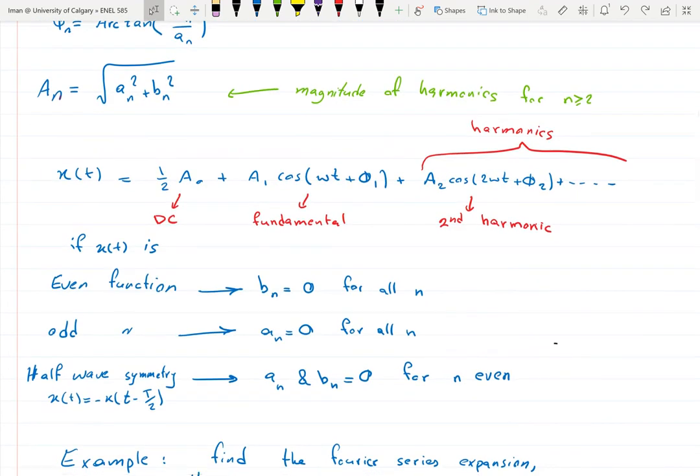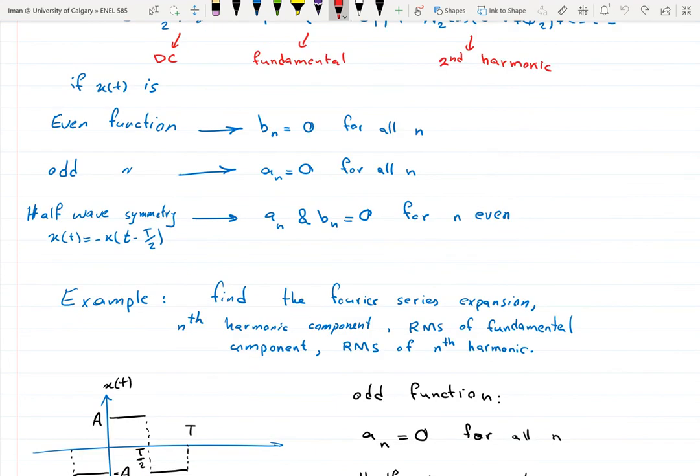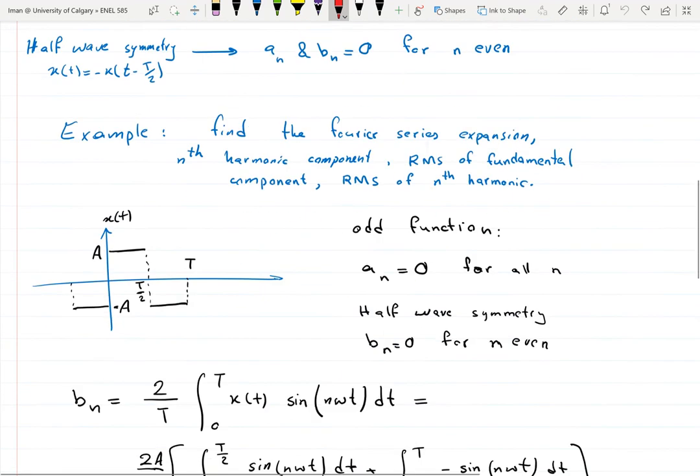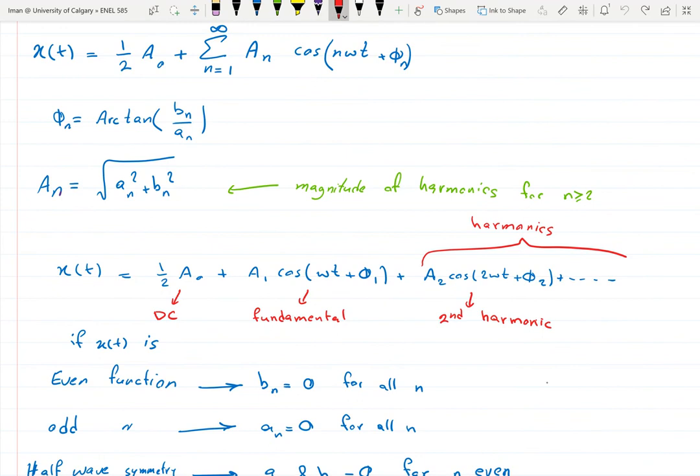Now if we open this up, x of t is equal to 1 over 2 a naught plus, for n equals 1, a1 cosine of omega t plus phi 1, right?